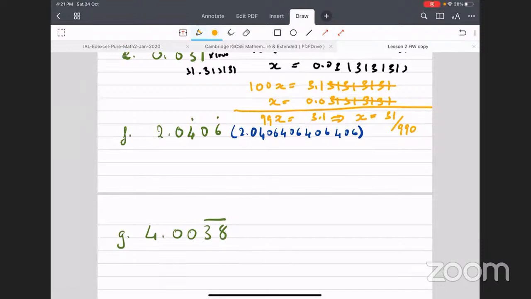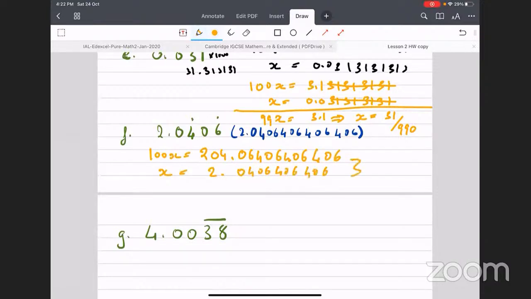Okay, let's try to solve it. So let's say 100x would be 2.0406406406..., then x would be 2.406.